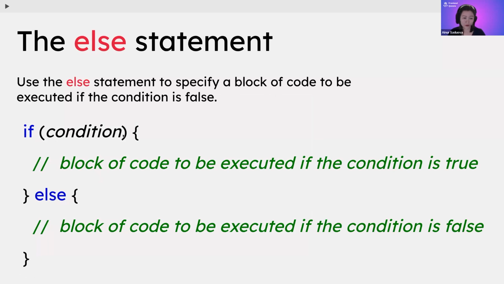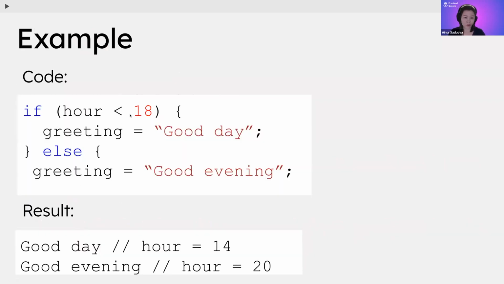If this condition is false, then the block of code to be executed if the condition is false will be in the else block. And if we elaborate more on our previous example, if our hour is more than 18, the greeting will be equal to good evening. And you can see the console result here.